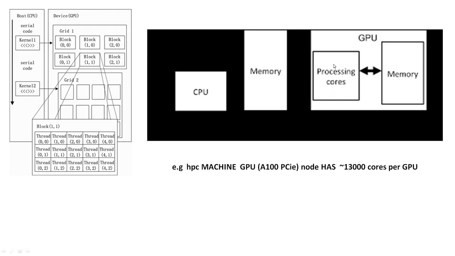The cores are nothing but multiprocessors, and they are connected to the memory. As you can see here, a host tries to launch a kernel, and the serial code is written. The kernel launched part will be run on the GPU, then serial code is written in the CPU to display it, and so on. You can have multiple kernels launched into the GPU. So the GPU will have grids, under grids there will be blocks, and under blocks there will be threads. That's how it's configured.